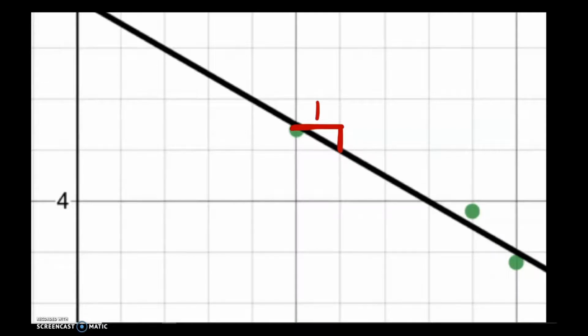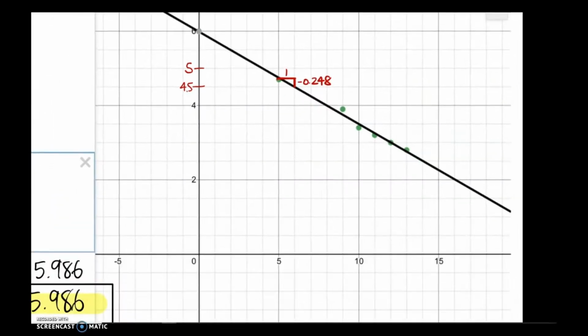And here it's reasonable that I've gone down 0.248. You know, if you think of this right here is 5, and this is 4.5. So I've gone over 1 unit and down 0.248. And that'll happen again and again.